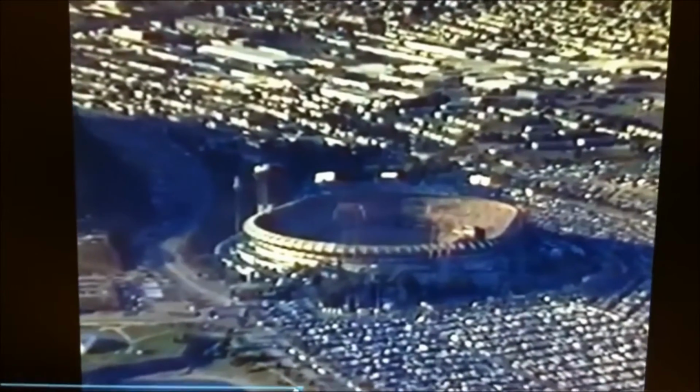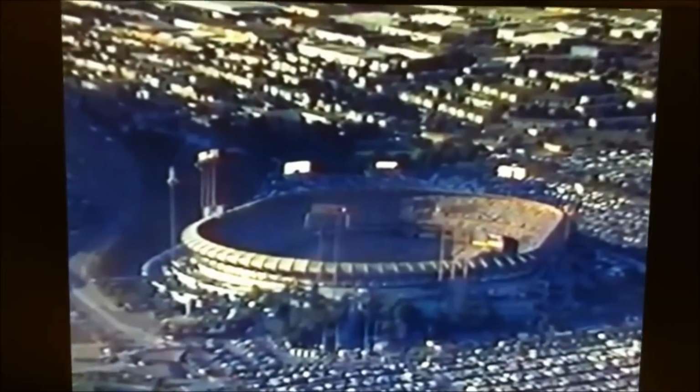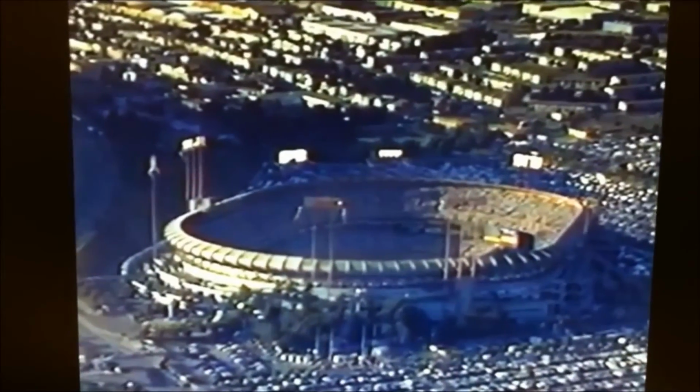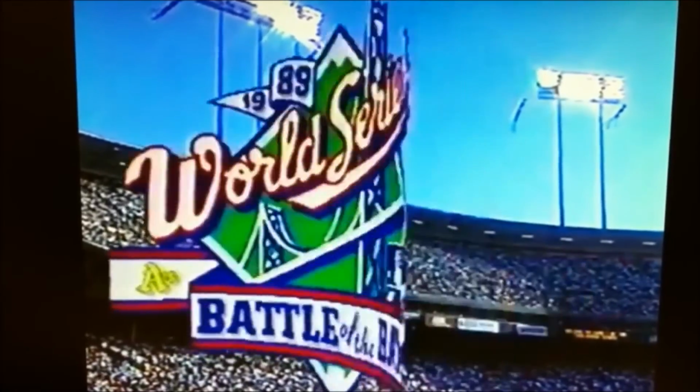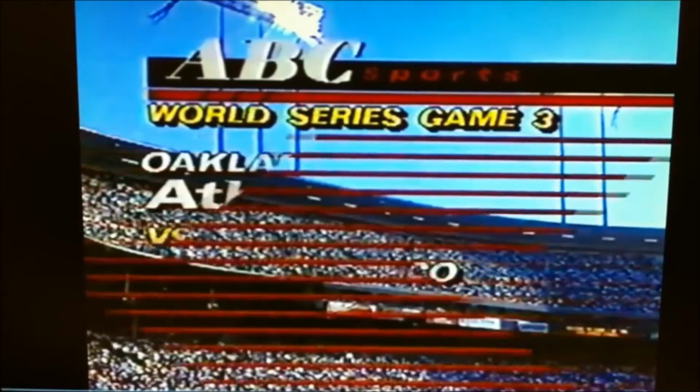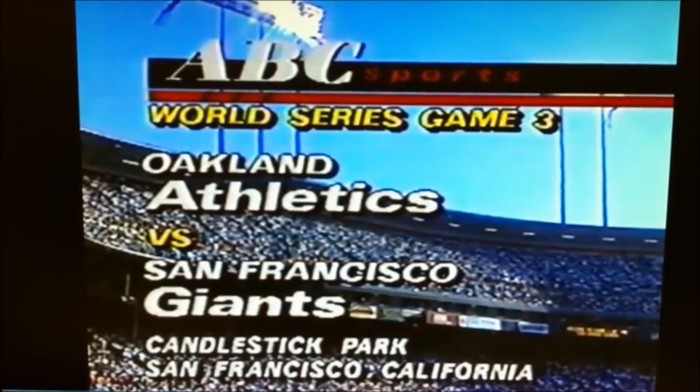Background, and we zoom into Candlestick Park in the southeastern corner of the city. For the first time in 27 years, a World Series game will be played in Candlestick Park. The Battle of the Bay continues. Game 3 of the 1989 World Series, the Oakland Athletics against the San Francisco Giants. The score, and he fails to get Dave Parker at second base, so the Oakland A's take. I'll tell you what, we're having an earth.